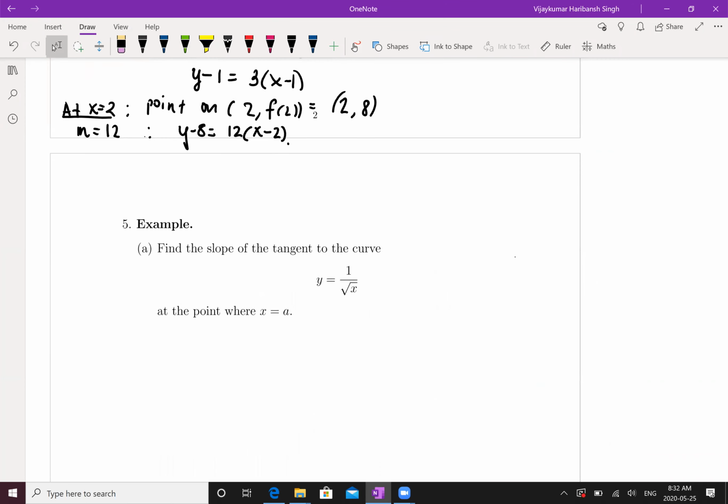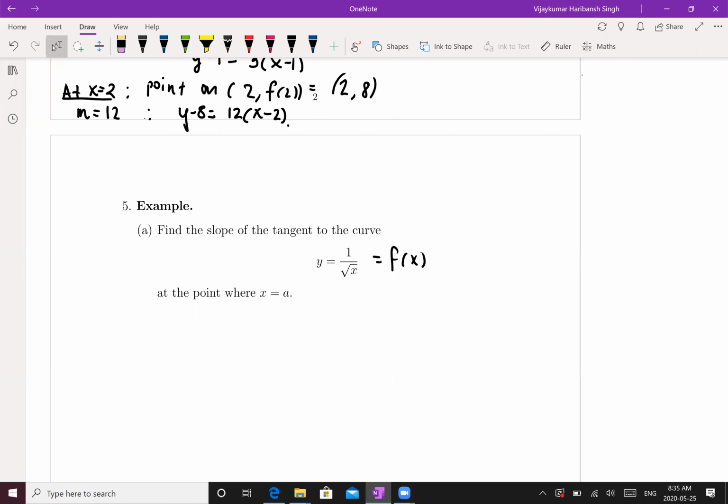Find the slope of the tangent line to the curve y equals 1 upon square root of x at x equals a. So let's do this problem. In this case, your f(x) is 1 by square root of x.